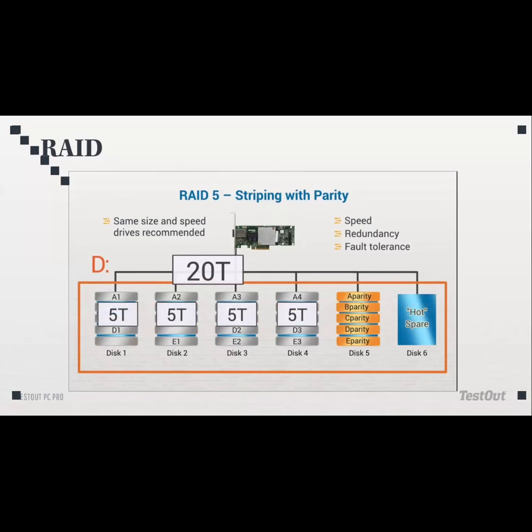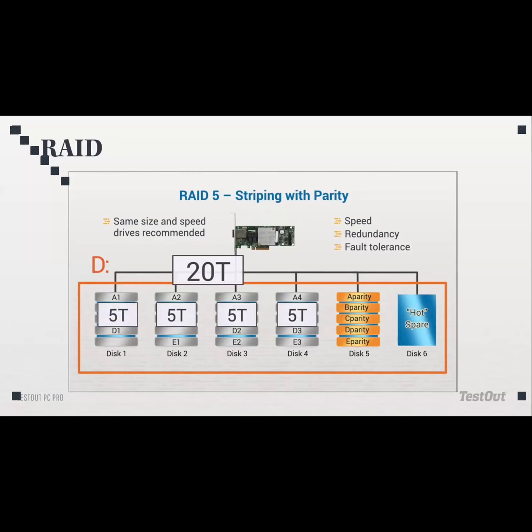Okay. So now with striping with parity, the amount of disk that you use sums up to be the total storage space, because data is not being stored redundantly. There is no redundancy. Data is being split. That's why you find yourself with a total of 20 terabytes.